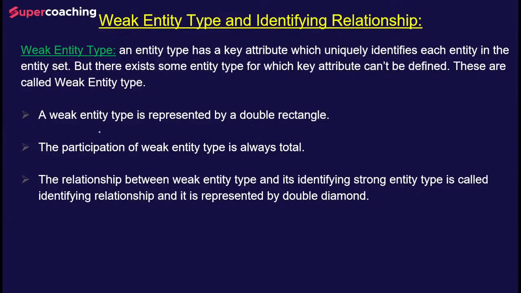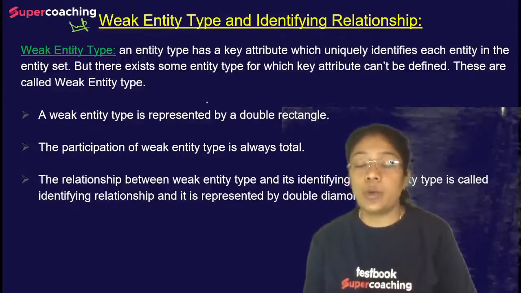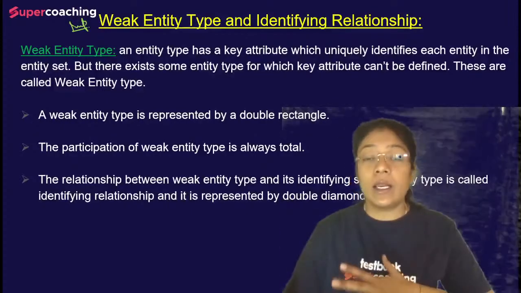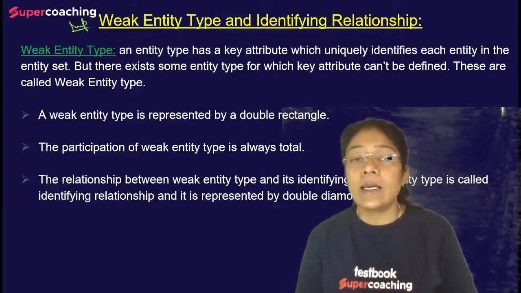Next we have weak entity, very very important. Weak entity type or identifying relationship. Weak entity basically represents the entity which is not having any key attribute. That is known as weak entity type. And when we have to relate it with the other entity through some relationship, then that relationship is known as identifying relationship.